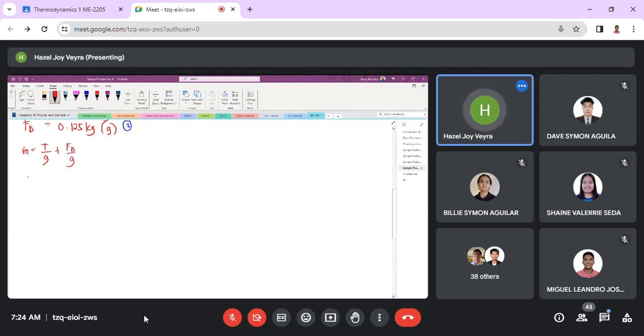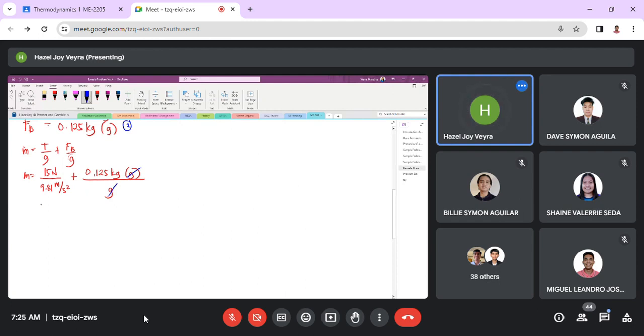So let's substitute what we already have. We have here 15 Newton over 9.81 meter per second squared plus our buoyant force, 0.125 kilograms times gravity all over gravity. I'll cancel the gravity, which is why I did not simplify it earlier.